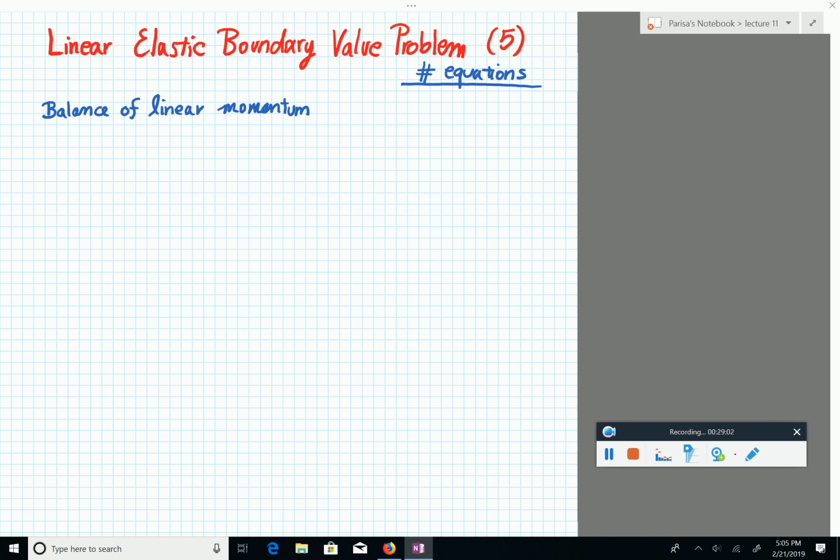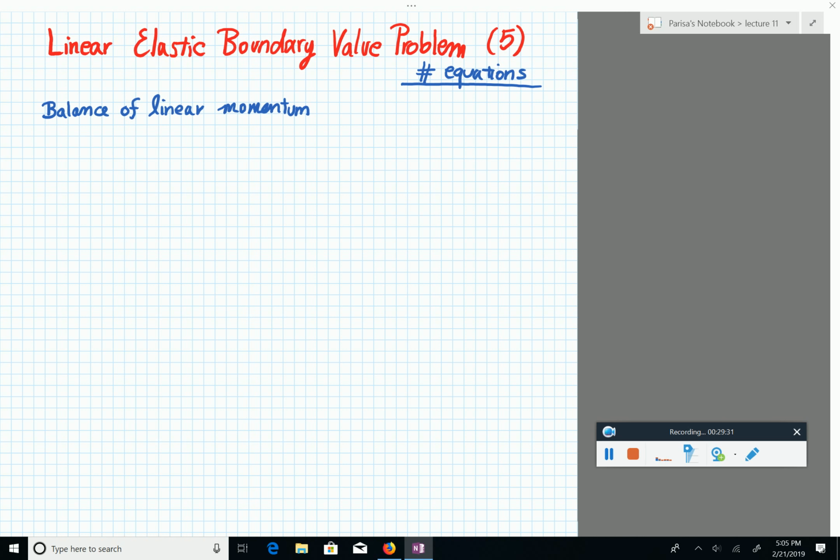What equation does it give us? What is the equation it gives us? This has to be second nature to you. Del sigma. Yes, correct. You remember the Cauchy law?